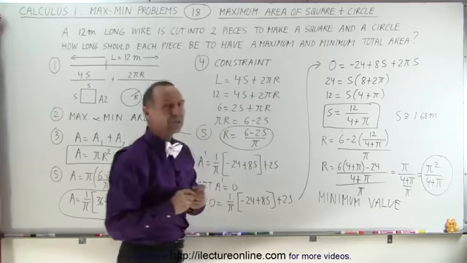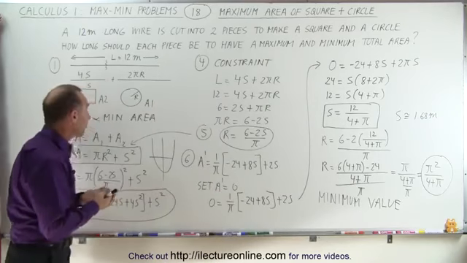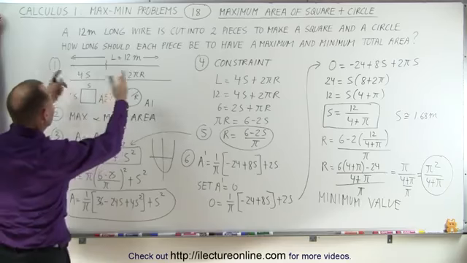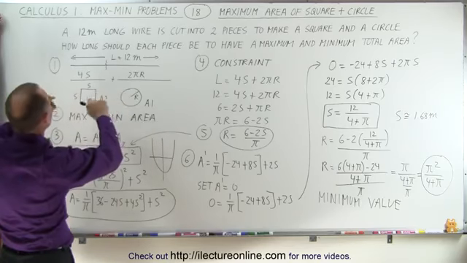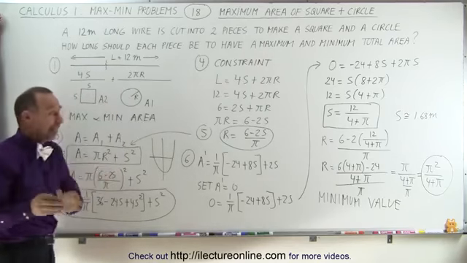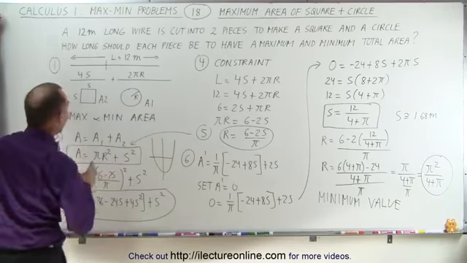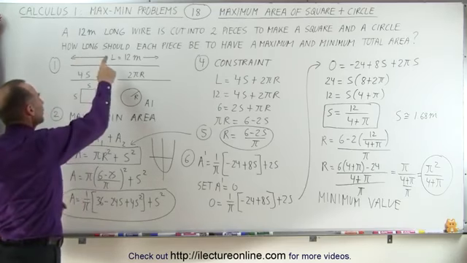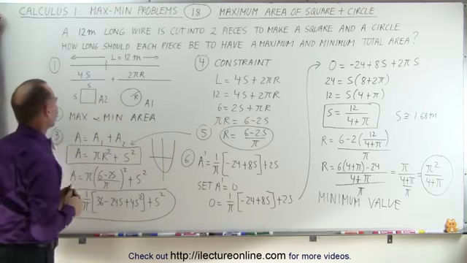So how do we get the maximum value? Well, the maximum value will be obtained when we use the entire wire to either make a square or to make a circle. So what would the area be if we used all of the wire to make a square?